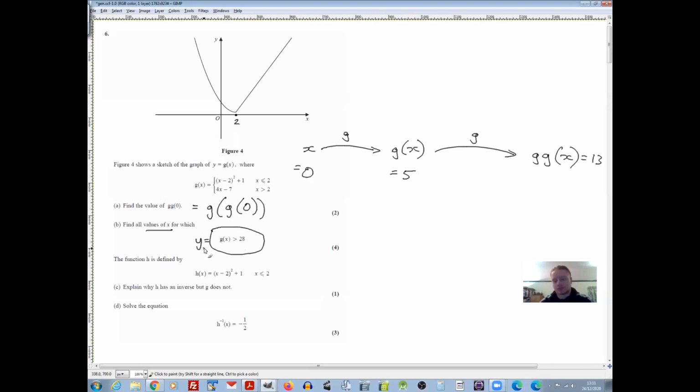In other words, what could we draw on the graph that would help? A line at 28 on the y-axis. A line going sideways, parallel to the x-axis.